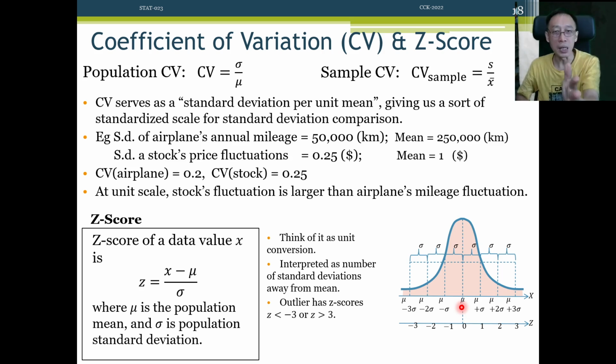So starting at the mean, when you have fluctuations, positive ones, one step means one standard deviation. And as you can probably just have a feel of it, different data sets will have their own kind of stride. That means when you take one step forward, how large or how small is that step? Everyone has their own stride, right?